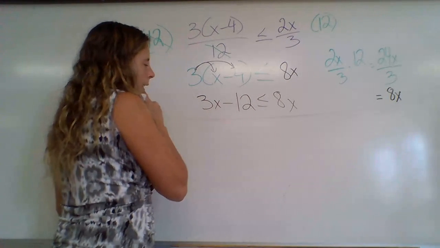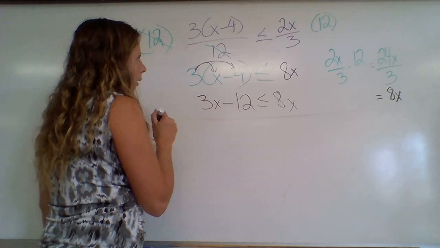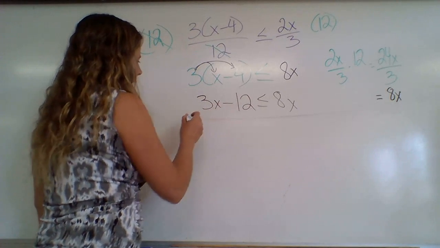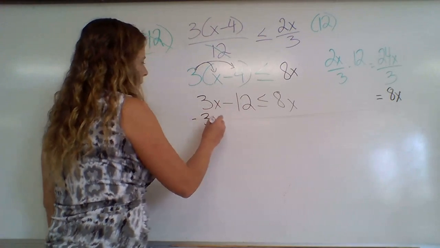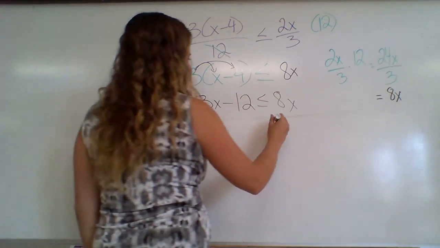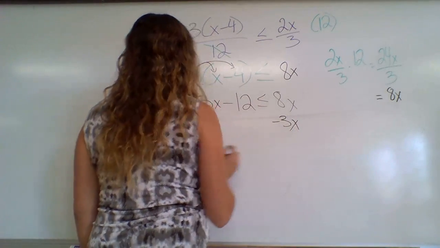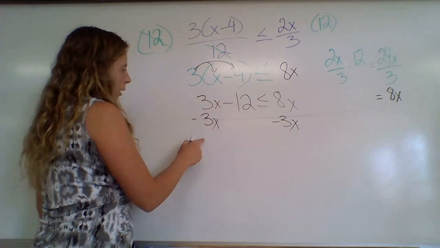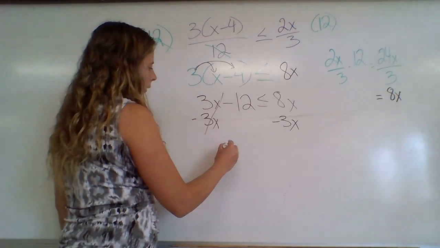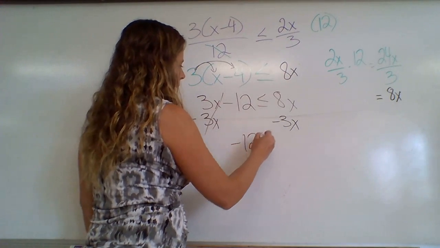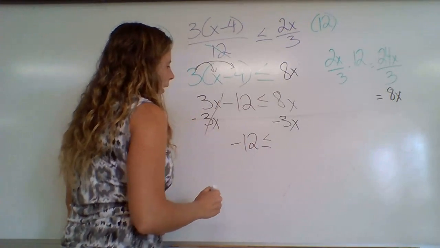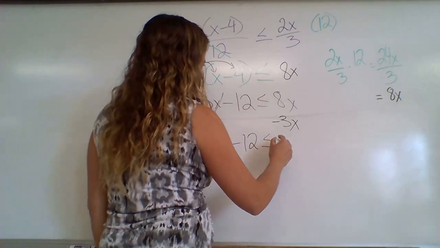You want to get all your x's together and all your regular numbers together. I'll just move this over there. So I'll subtract 3x from this side, subtract 3x from that side. 3x minus 3x. So all I have left on this side is negative 12 is less than or equal to 8 minus 3 is 5x.